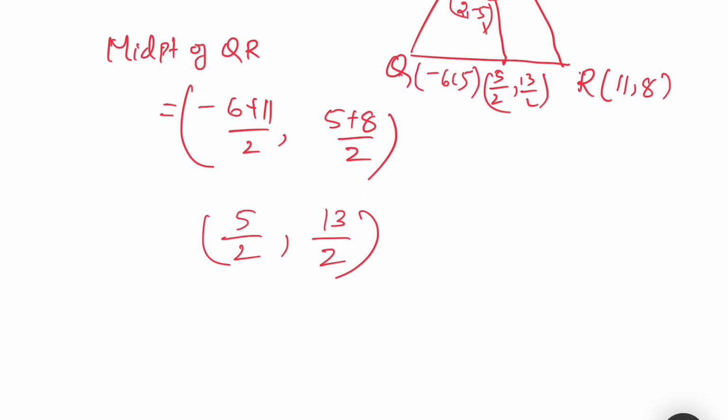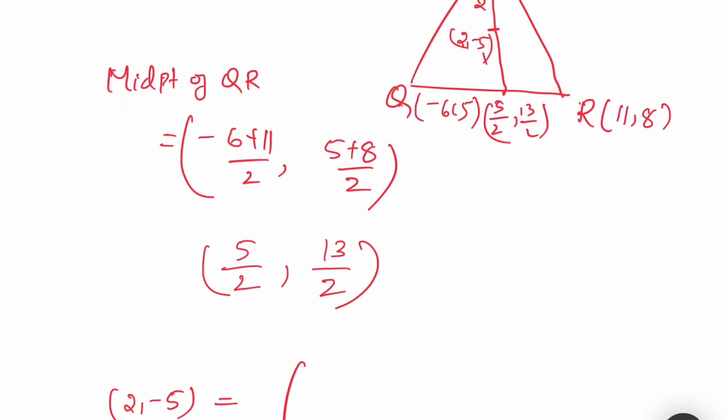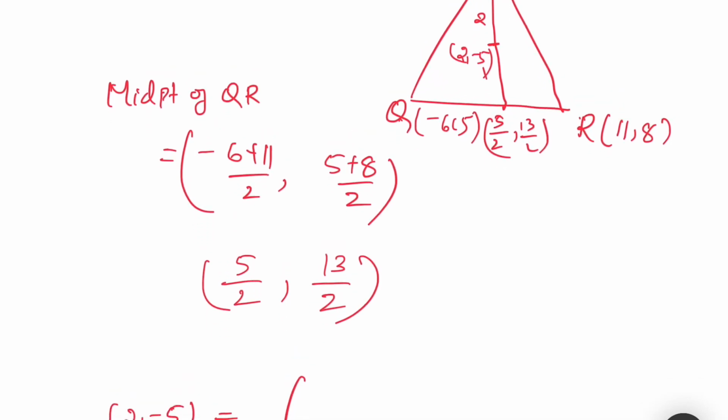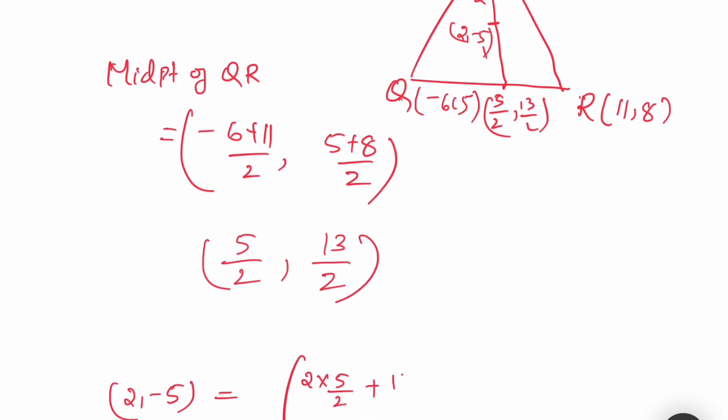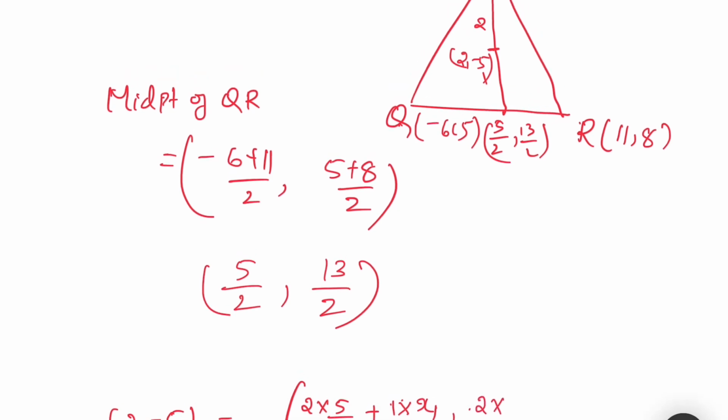Using the section formula, the point is already given to us, (2, -5), equal to (2 into 5/2 plus 1 into x1)/3, and similarly the next value, (2 into 13/2 plus 1 into y1)/3.